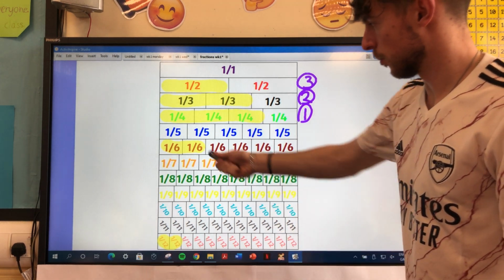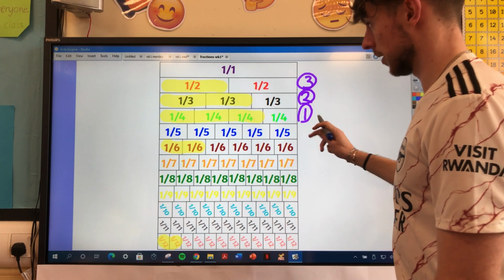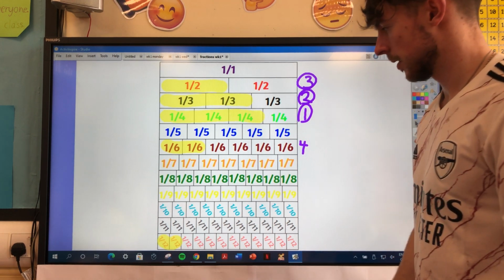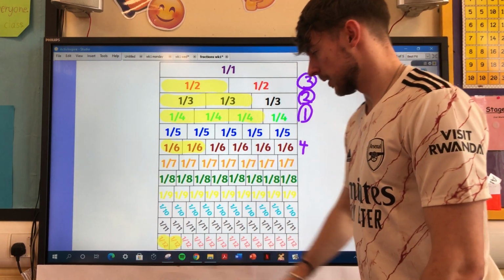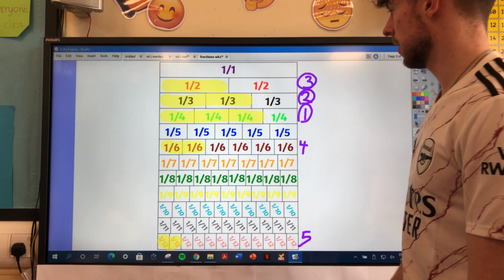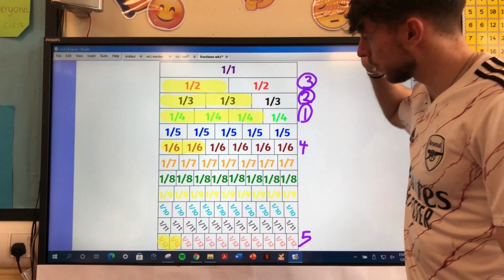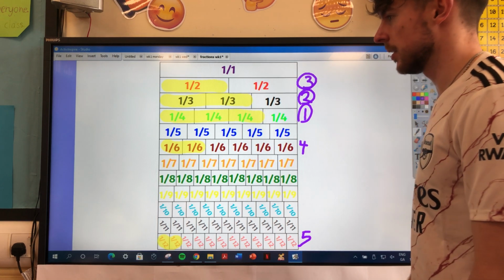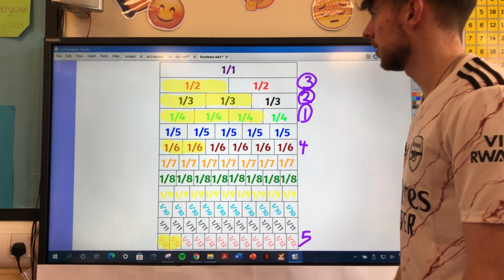Next one, 2 over 6, sorry, so that is 4. And then the last one, 2 over 12, is 5. Okay? So the fraction wall will help us immensely with this. So do not be afraid to go back and check on the fraction wall, alright?